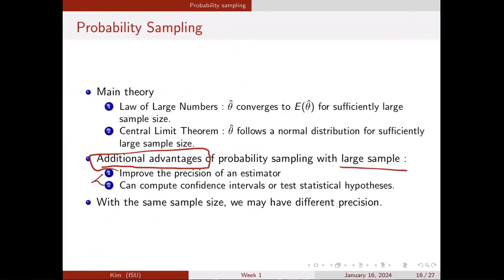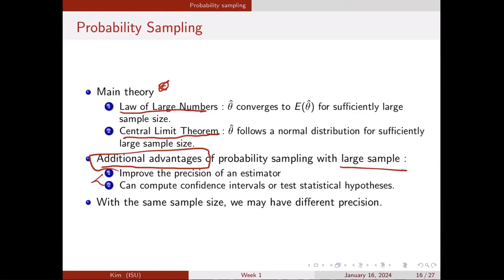And another thing is that statistical theory is well developed for probability sampling. For probability sampling, we have theory such as law of large numbers or central limit theorem, developed for probability samples, not non-probability samples.